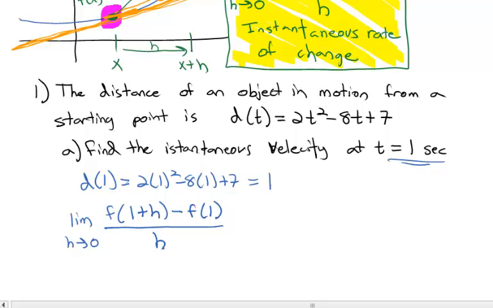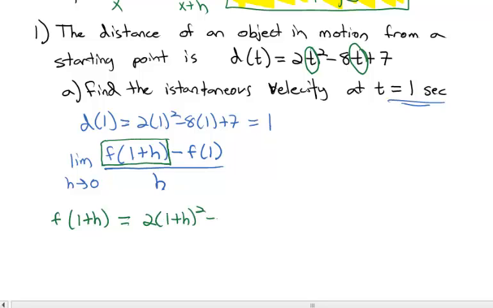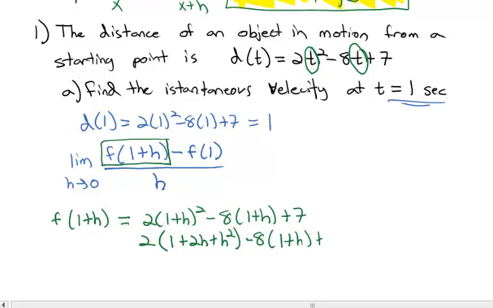So the first thing we're going to attempt to find is what is d of 1 plus h. That requires us to stick 1 plus h in for the variable. So we have 2 times (1 plus h) squared minus 8 times (1 plus h) plus 7. Order of operations says we have to do the exponents first. So we have 1 plus 2h plus h squared, times 2, minus 8 times (1 plus h), plus 7.